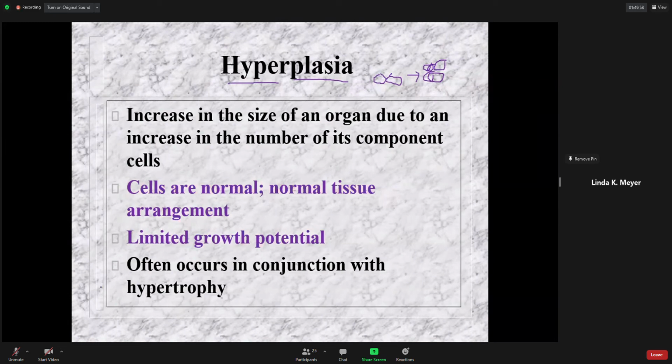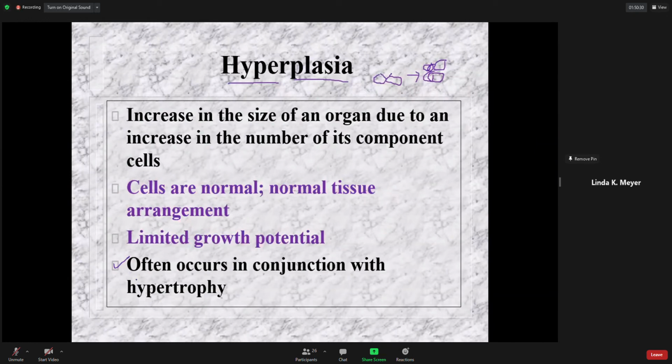And I want to stress that, and it's written on your outline, that often these two occur together, both hypertrophy and hyperplasia. So when I mentioned during pregnancy that there's enlargement of the uterus, it's known to be related to not just hypertrophy, but also hyperplasia.